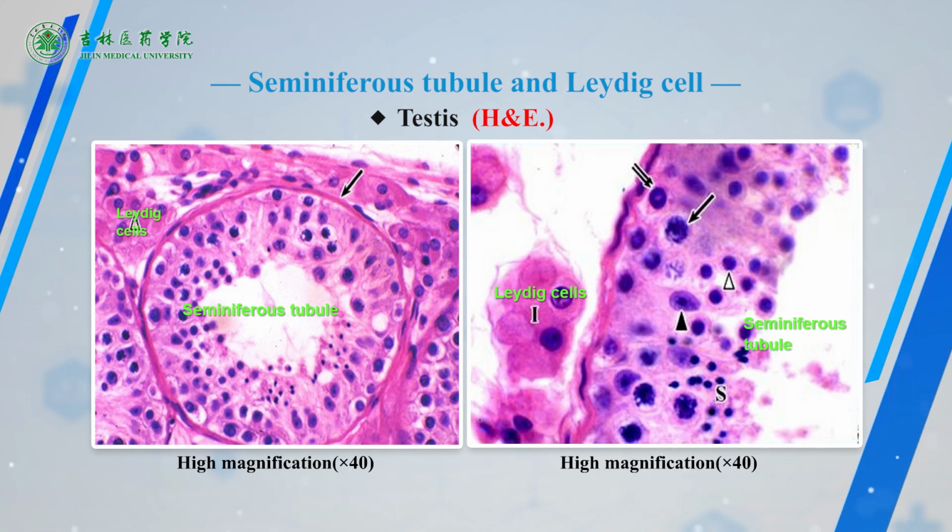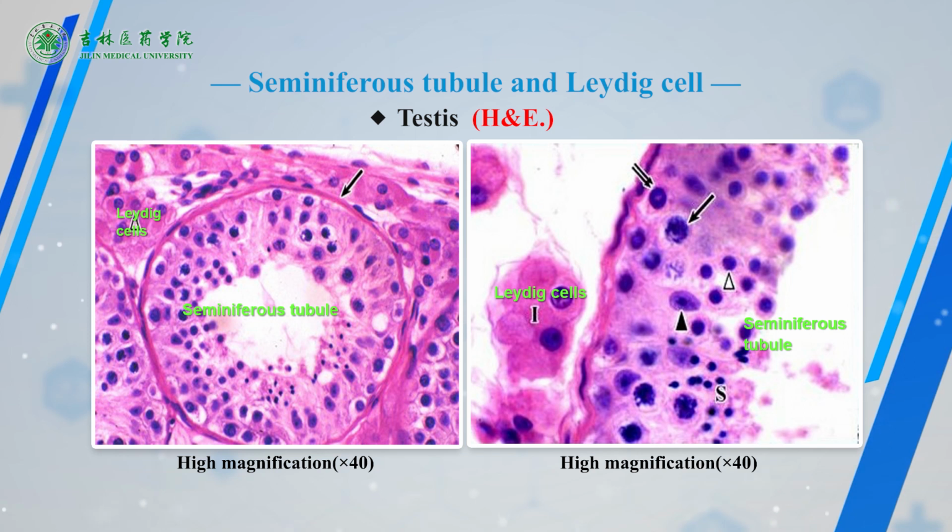The nucleoli are often prominent. When a Sertoli cell is sectioned longitudinally, its basal end can be seen attached to the basement membrane and its apical end is free, and often envelops purple-red particles, which are the heads of spermatozoa.